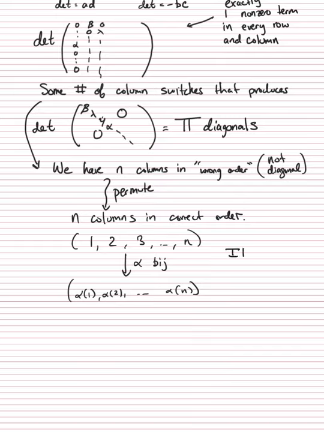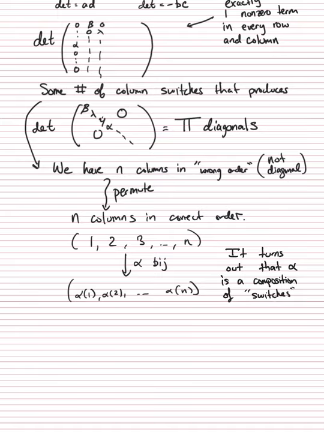Well, it turns out, and this isn't obvious at all, that alpha is a composition of switches. In other words, they just correspond to the column switches.